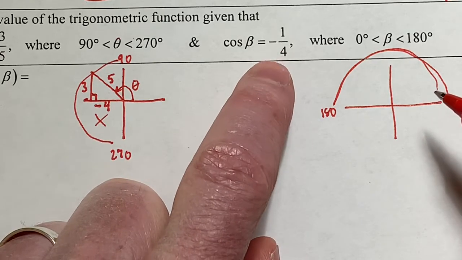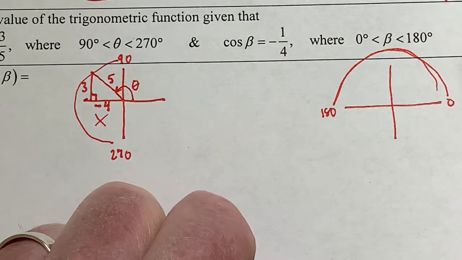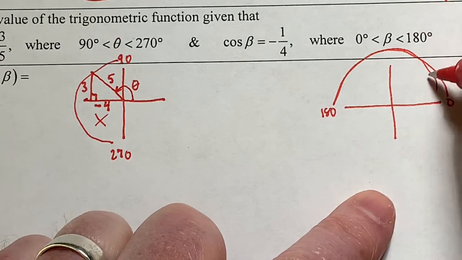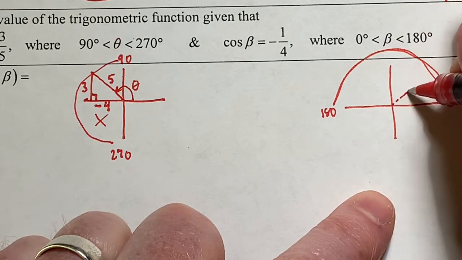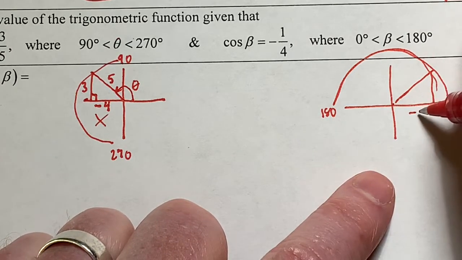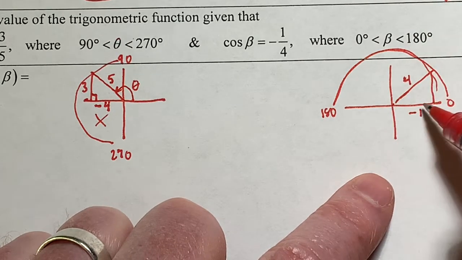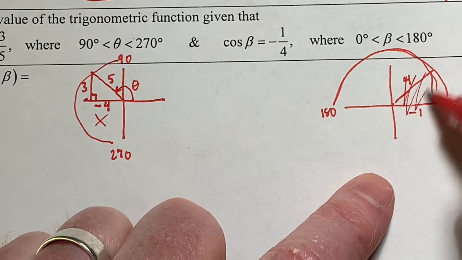Now remember, cosine is defined as adjacent over hypotenuse. And if I draw this triangle right here, then think about it. The adjacent would have to be a -1 and the hypotenuse a 4. Is that possible? I can't go -1 to the right. That doesn't make sense.